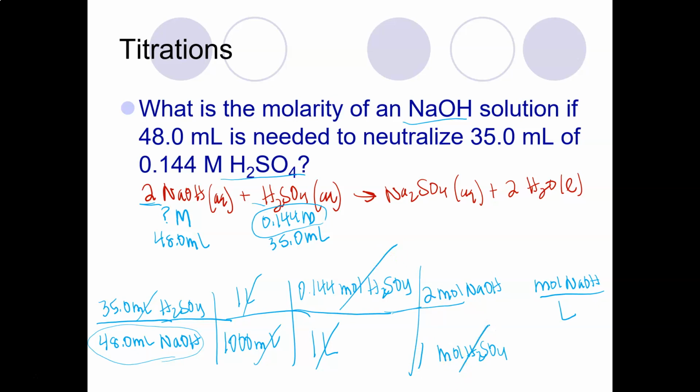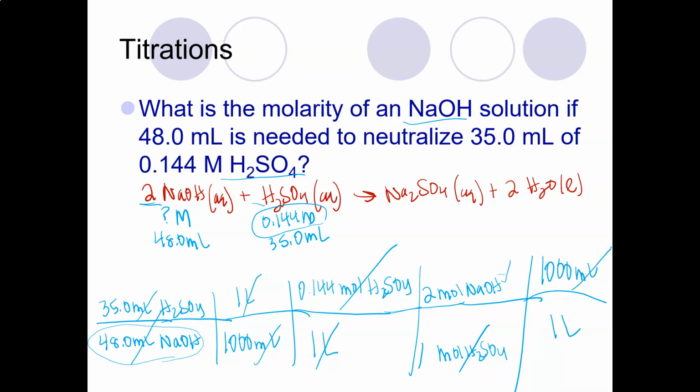If I stopped right now, the only units that are not crossed out are moles of NaOH on top, which is good, and milliliters of NaOH on the bottom, which isn't quite good because I need it to be liters. I normally wouldn't erase this, but I'm running out of space. My last step needs to convert the milliliters into liters.